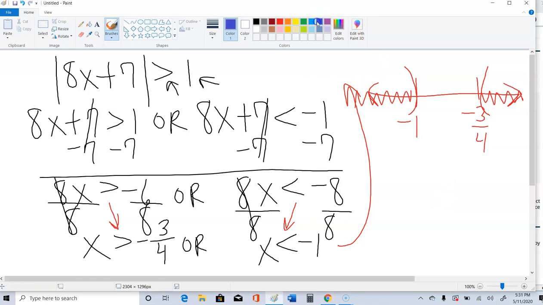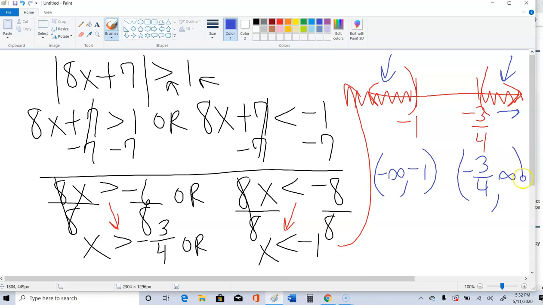Our final answer in interval notation: this particular interval to the left is, again, parentheses, negative infinity to -1, parentheses. The far right interval is parentheses starting at -3/4, and the shading keeps going forever in a positive direction, so that's positive infinity, parentheses.